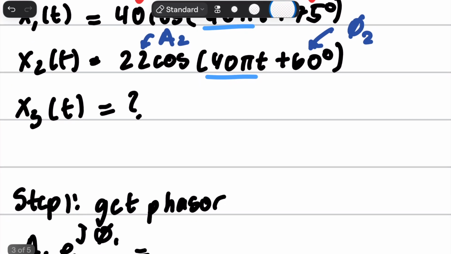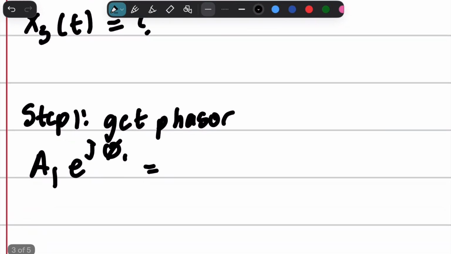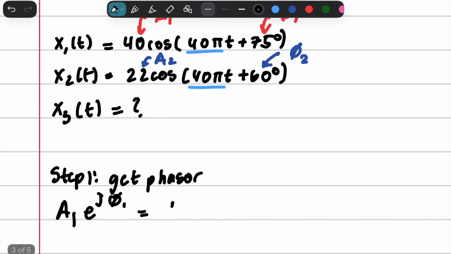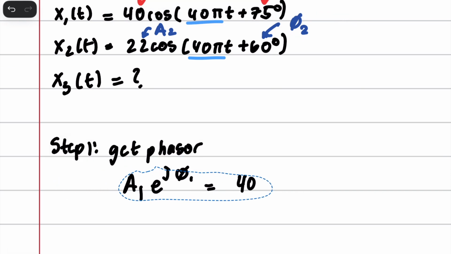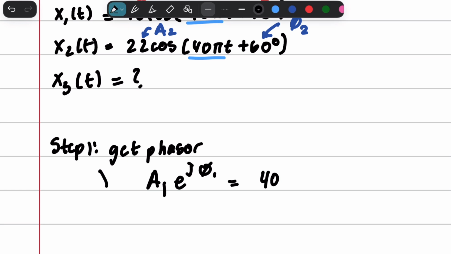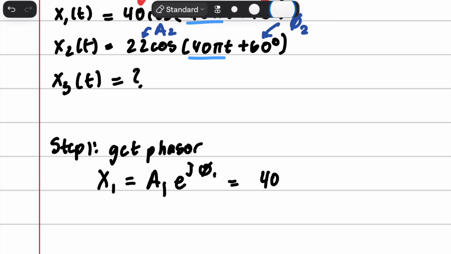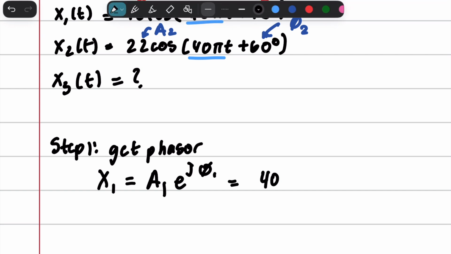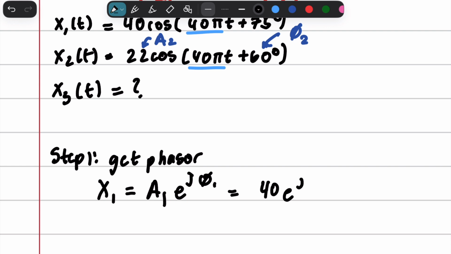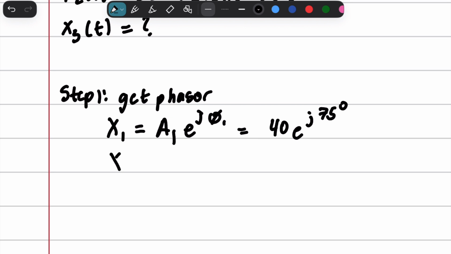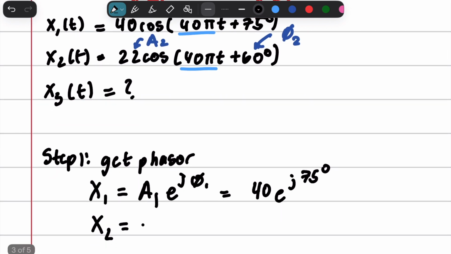We can completely ignore the frequency because they're the same. Typically the phasor is denoted as a capital X1 for its respective time domain counterpart. So we get X1 equals 40 e to the j 75 degrees, and X2 is 22 e to the j 60 degrees.